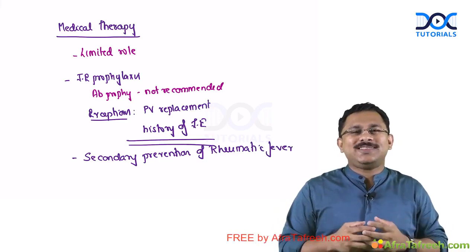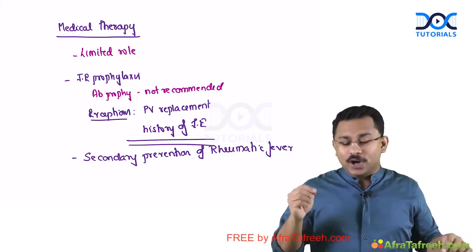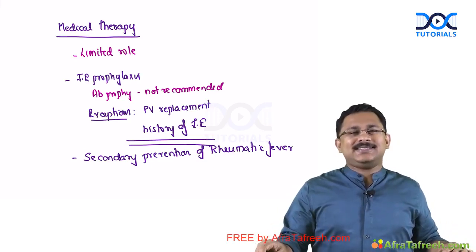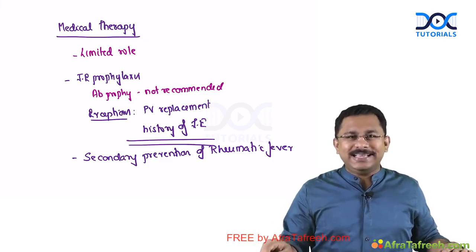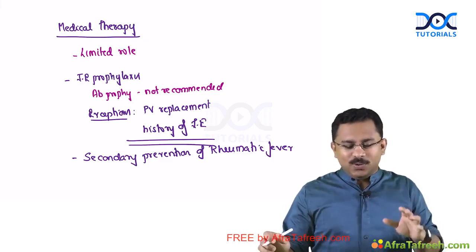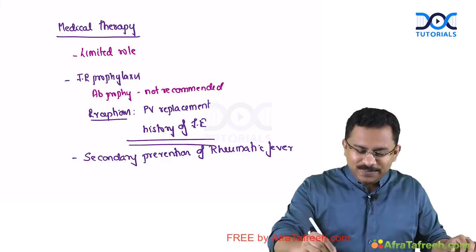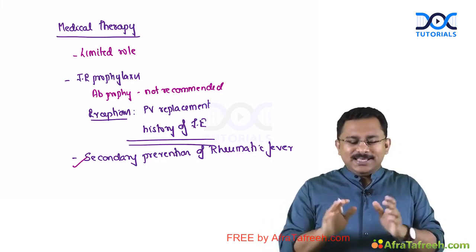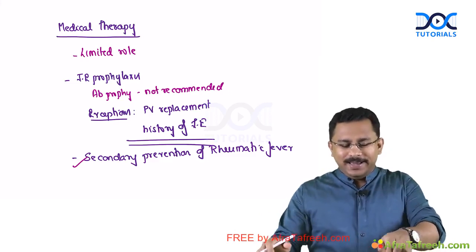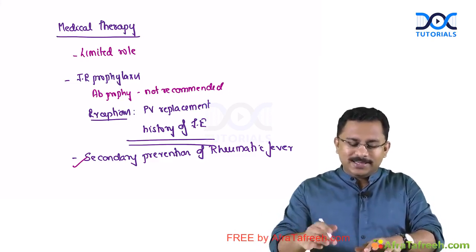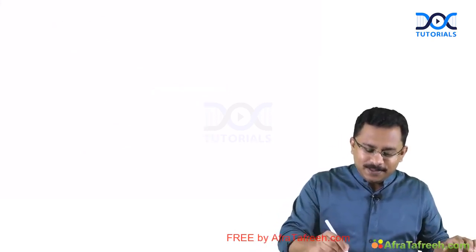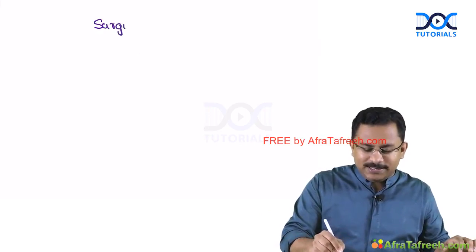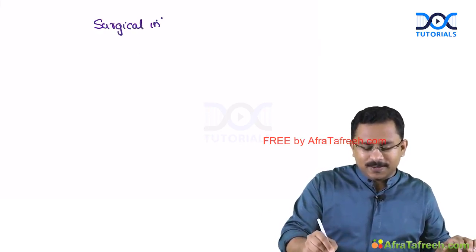In patients with rheumatic heart disease, long-term prophylaxis against rheumatic fever is important. There is no doubt regarding that. So that's in short about medical therapy, and let's move ahead with the surgical intervention.